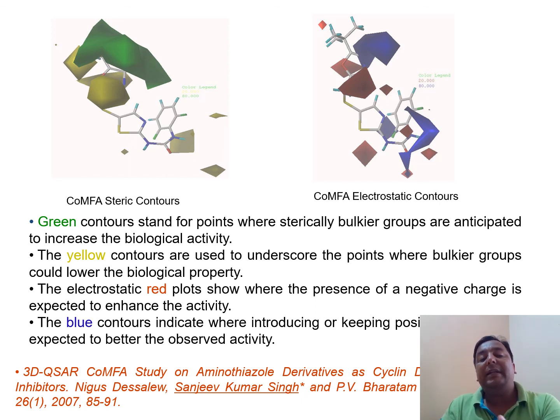In that study, the compounds respond in different color representations of green, yellow, red and blue in terms of their favorable and unfavorable effects in the binding sites. And finally they found that for being an anti-cancerous drug, the compounds must have these types of features. Later it was also published in good journals.